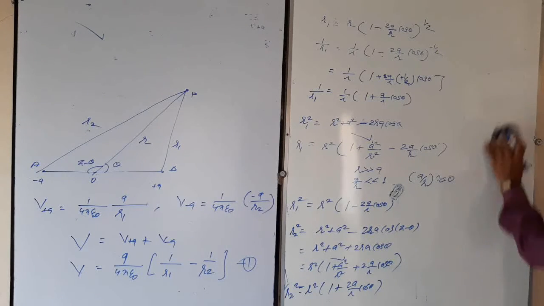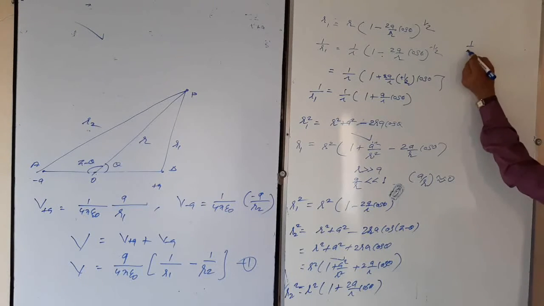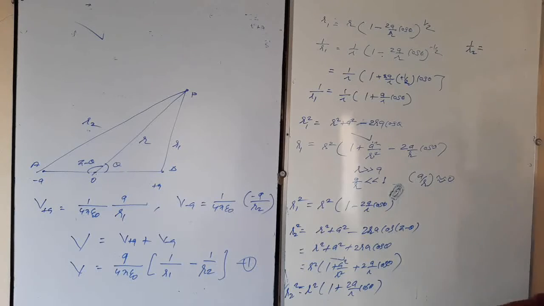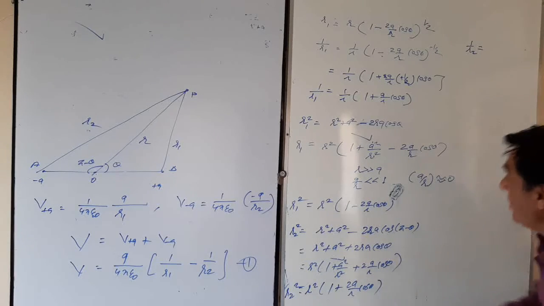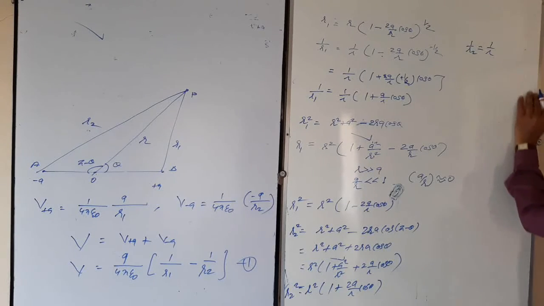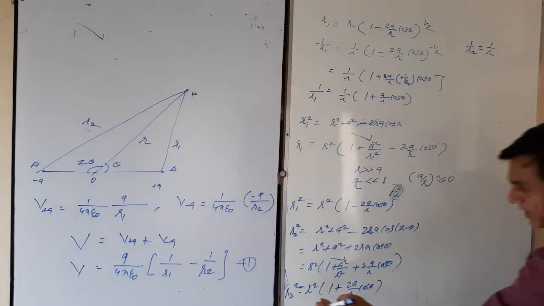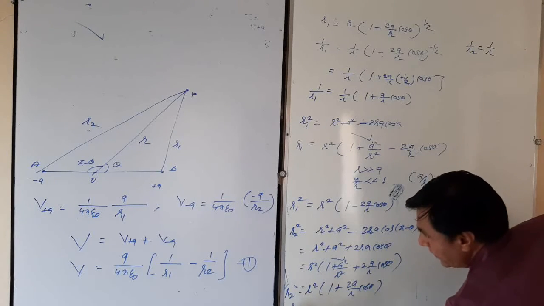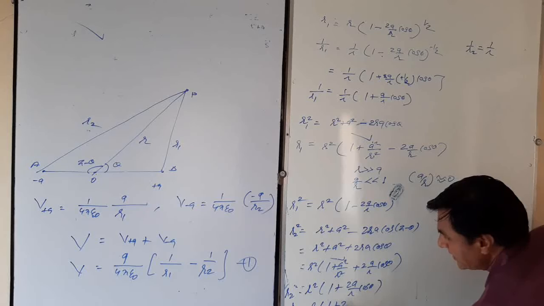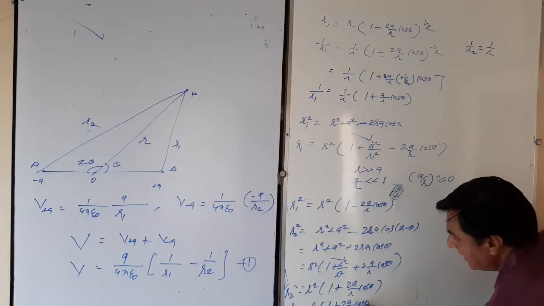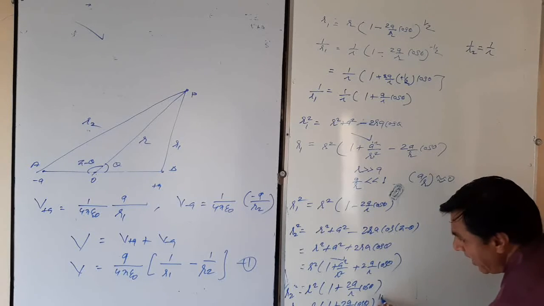Similarly, 1 by r2 is equal to 1 by r. Sorry, first r2 equals r times (1 plus 2a by r cos theta) to the power half.